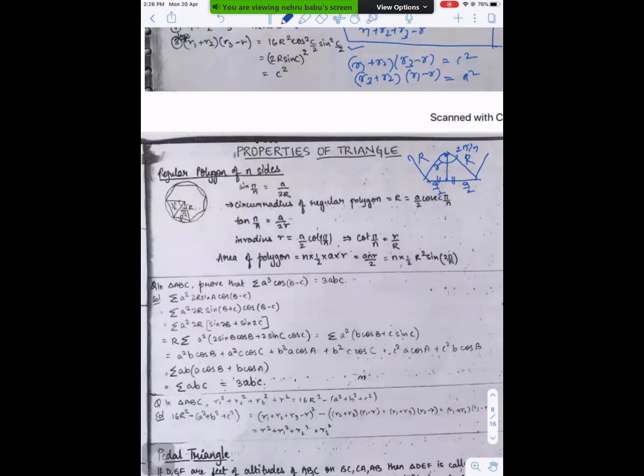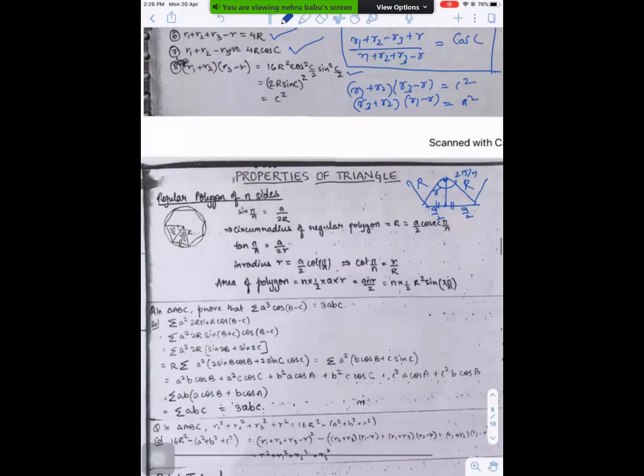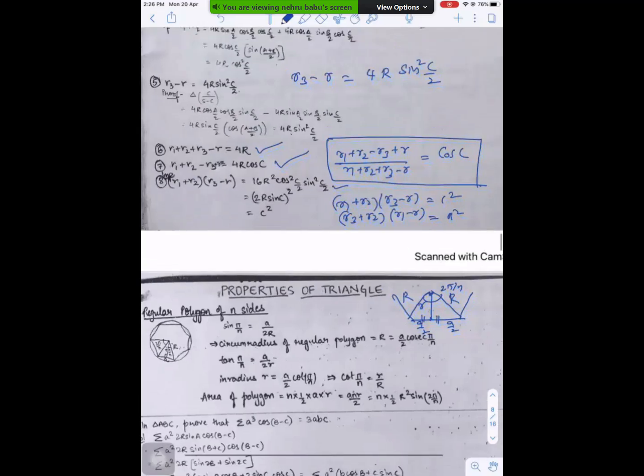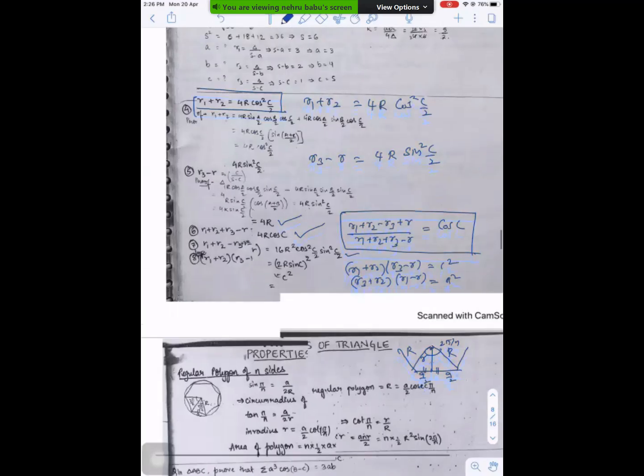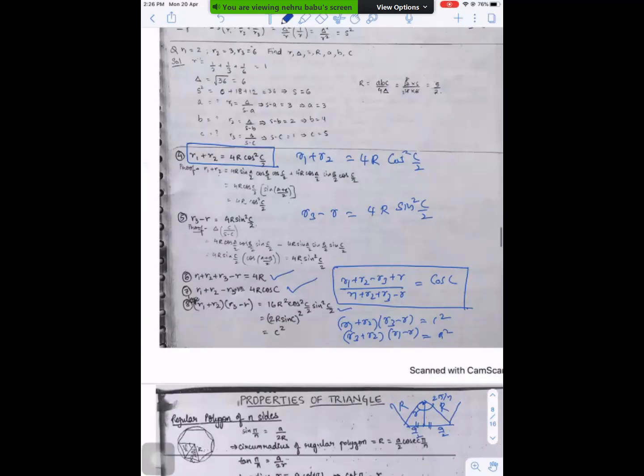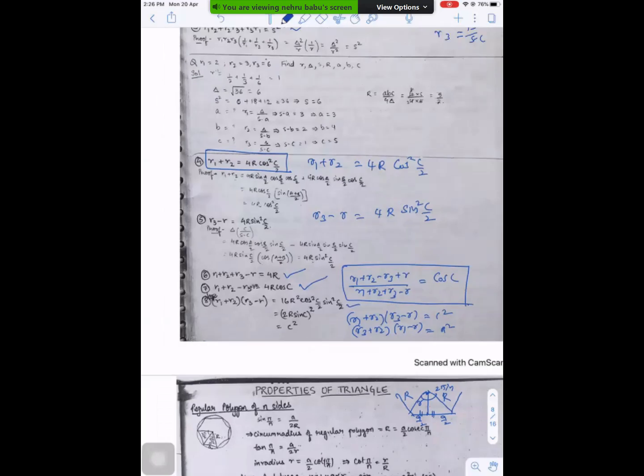If you know this diagram, you can solve all the problems related to polygons. No need to remember any particular formula, just remember the diagram: what is inradius, what is circumradius. If you already wrote notes clearly, then fine. Otherwise, just note down these formulas, R1 plus R2 plus R3 minus R, R1 plus R2, these things. If you remember all, then we'll go to next.